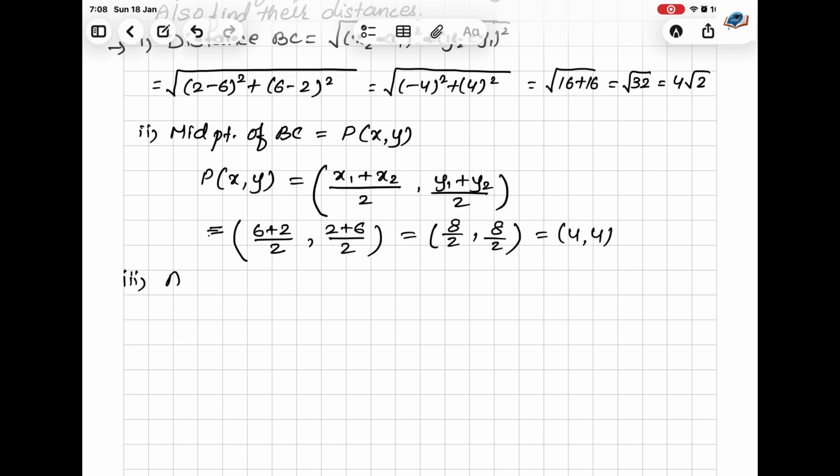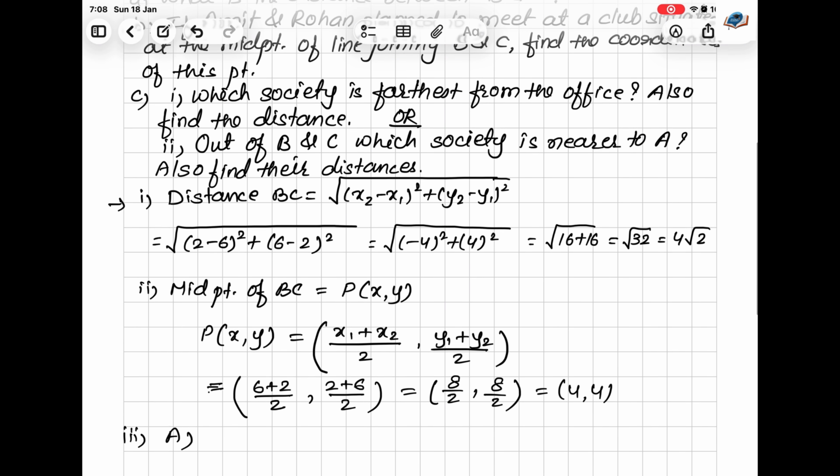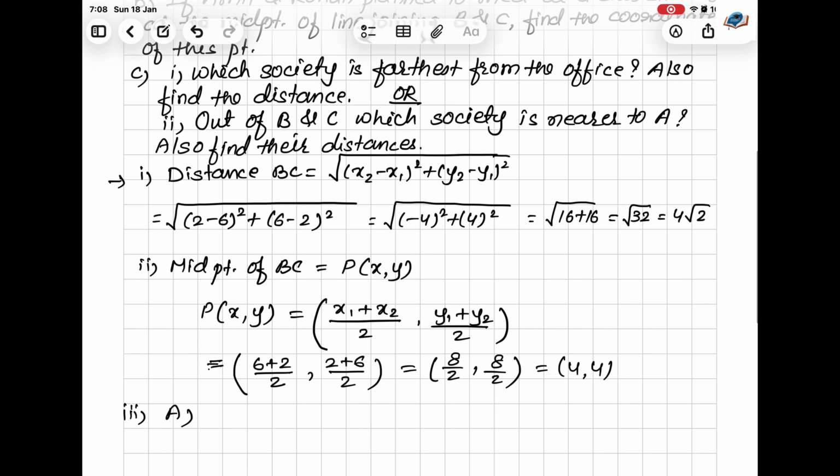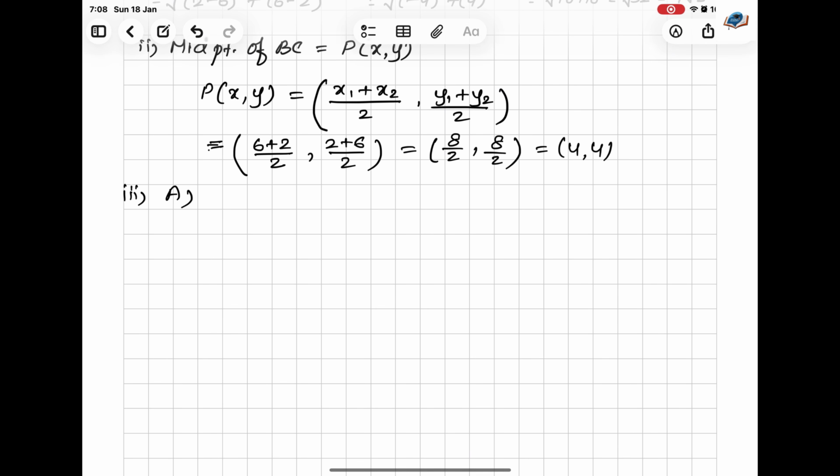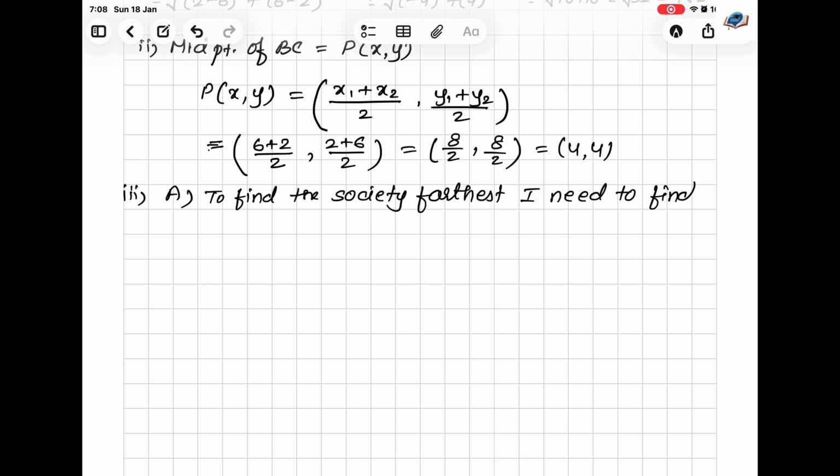Then the third one. In that we have two options. First one is A. So let us see that. So here he wants me to find C, which society is farthest from the office. Also find the distance. So here first to find the society farthest, I need to find the distance of both.